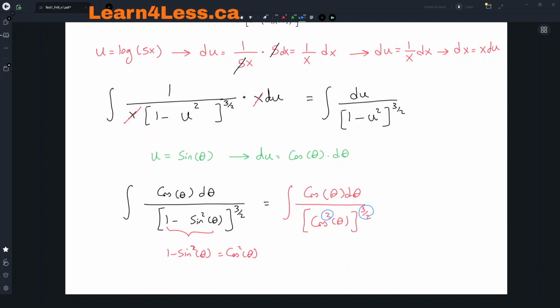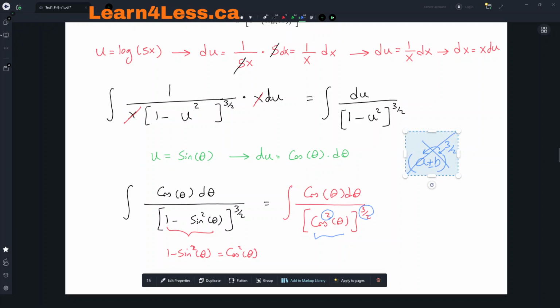The main purpose of doing the trig substitution was getting rid of this minus, using identities that we already know, and making it just one term or multiple terms that are multiplied by each other. If you have two terms that are multiplied by each other and raise them to the power of something, you can distribute this power. But if there is a plus or minus sign, you cannot do that.